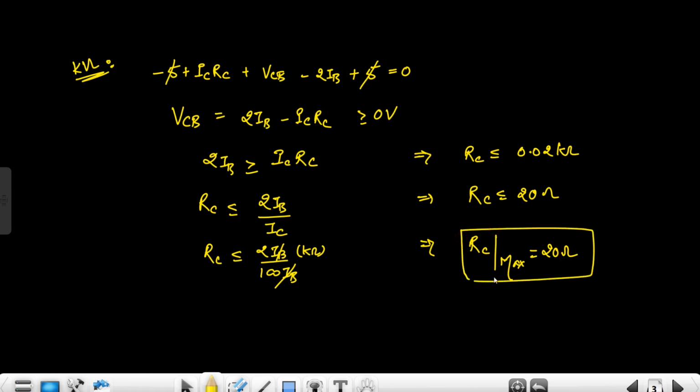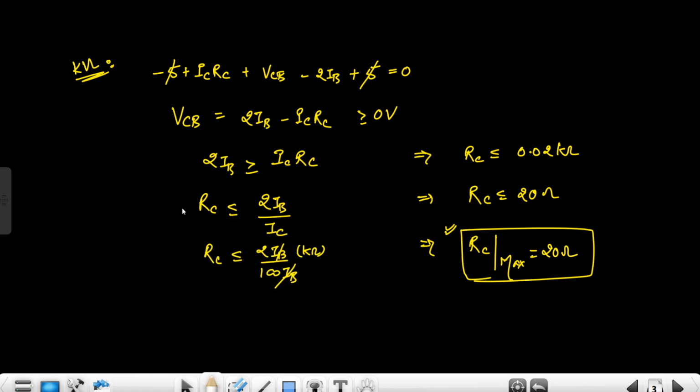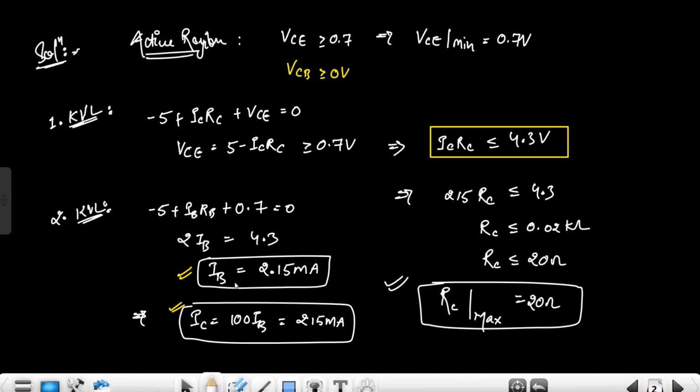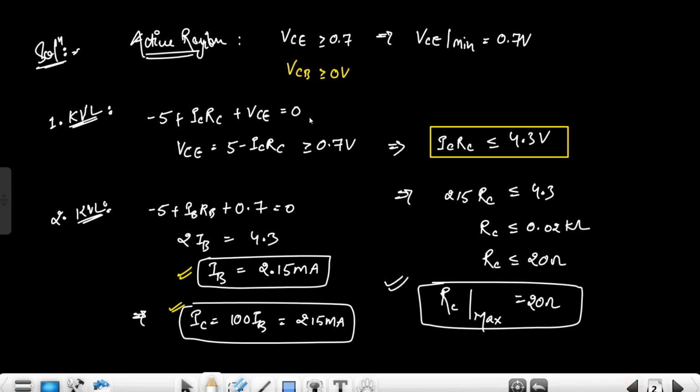This is how we can solve it, because there is no need for calculation of IB and IC and all. We have got the answer in ratio form, so this is a very good KVL, and actually this condition is more important than VC, because it is derived from here only.